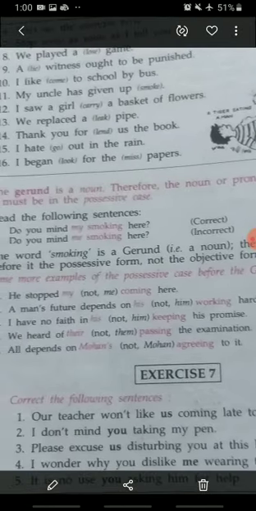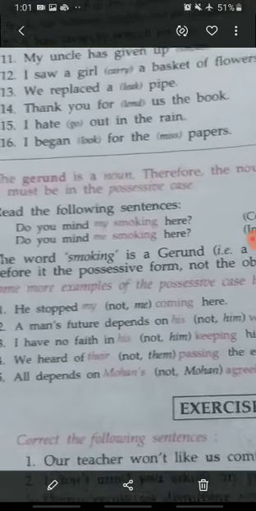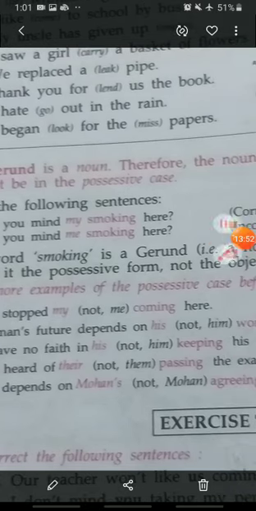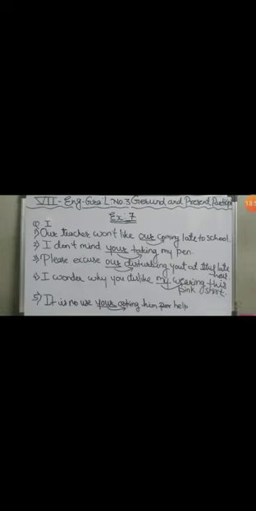Do you mind my smoking here? My smoking. Smoking is a noun here. It is a gerund here. So the possessive pronoun will come, not the objective case of the pronoun. As I told you, all the gerunds are given here, and with gerunds possessive pronouns will come, and if nouns are there, possessive nouns will come there.